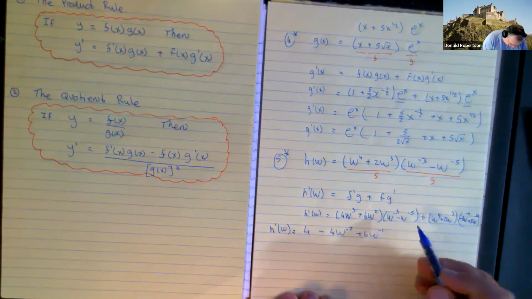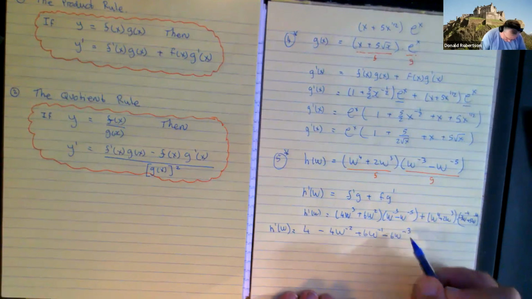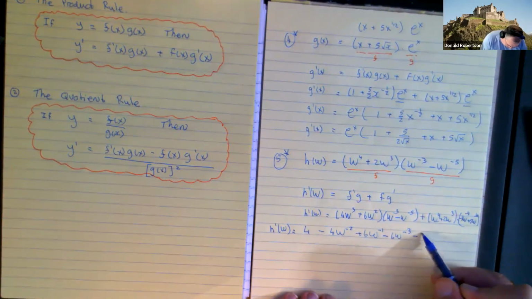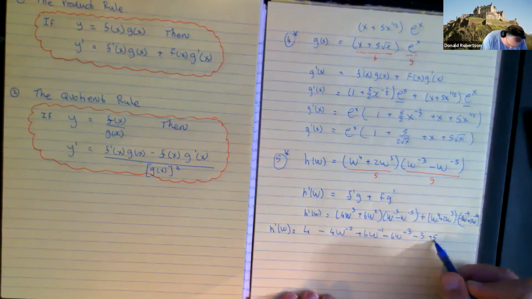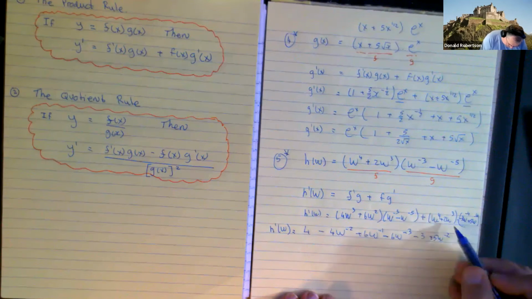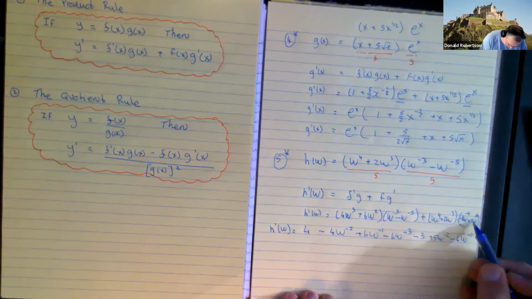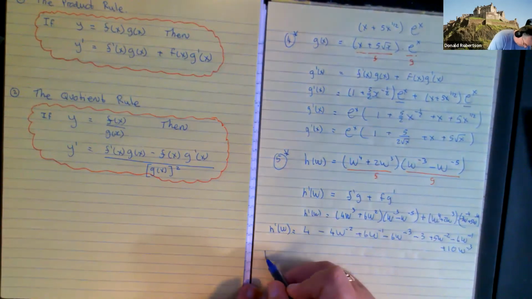And that guy times that guy gets you -6w to the -3. Foil these guys out. That guy times that guy gets you -3. That guy times that guy gets you 5w to the -2. That one times that gets you -6w to negative 1, and that guy times that guy gets you plus 10w to negative 3.